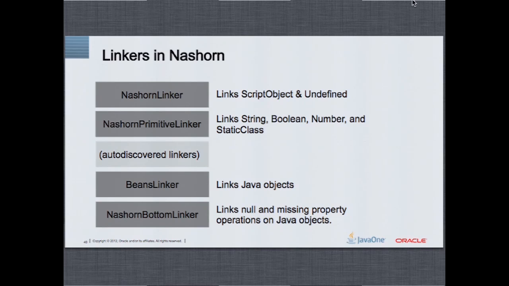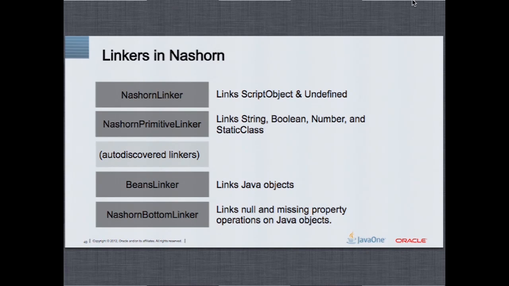But you recognize these, right? These are your typical Java boxed types for Boolean, for arbitrary number, and yes, the Java string. Now these values are actually being used as primitives in JavaScript.